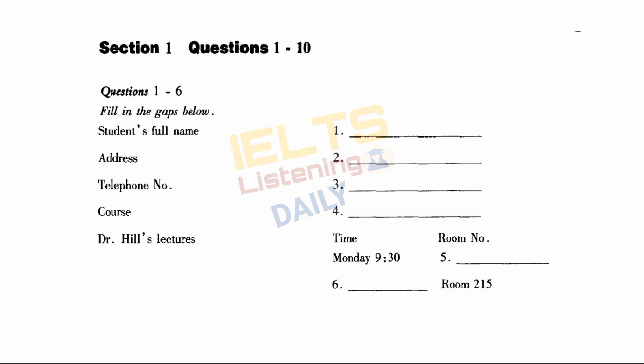Now turn to Section 1. Section 1. Miss Wang is going to register for her first year social science course. As you listen, fill in the gaps numbered 1 to 6. First you will have some time to look at questions 1 to 6.